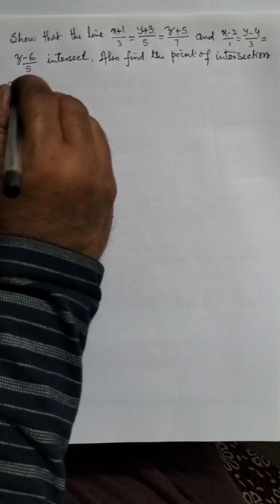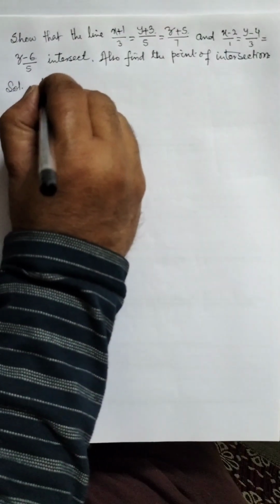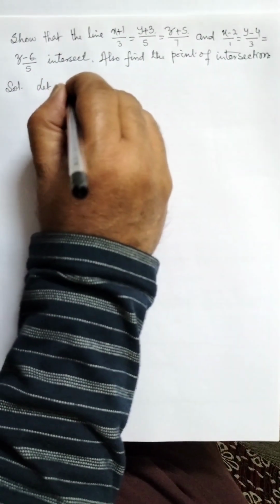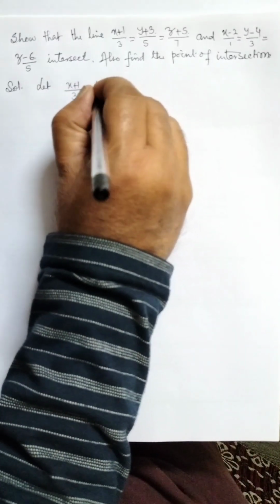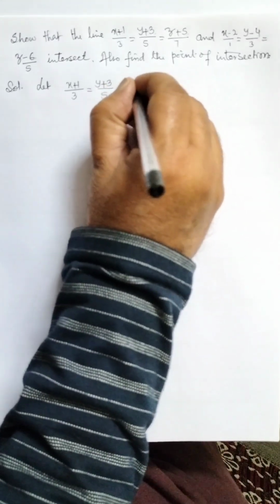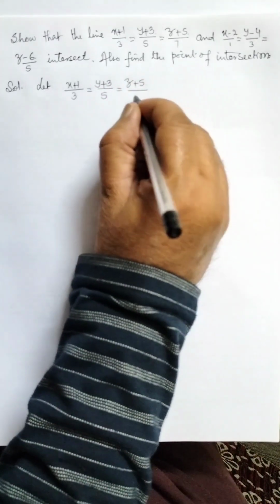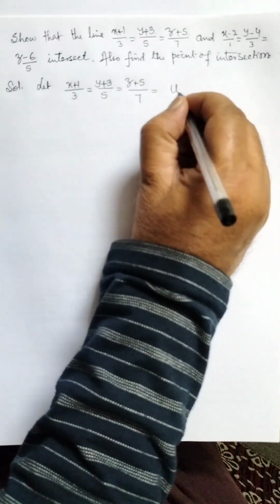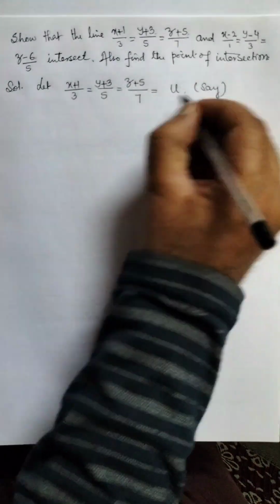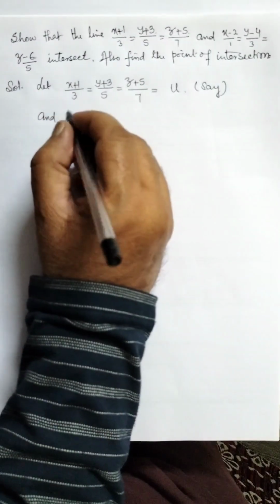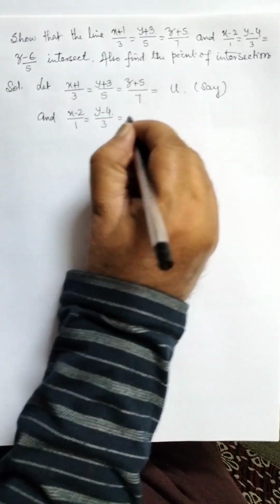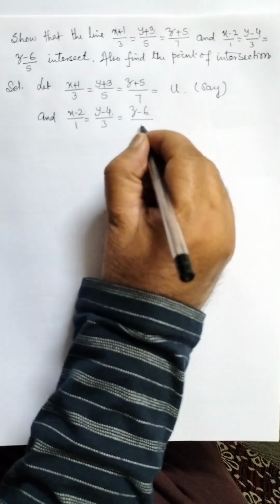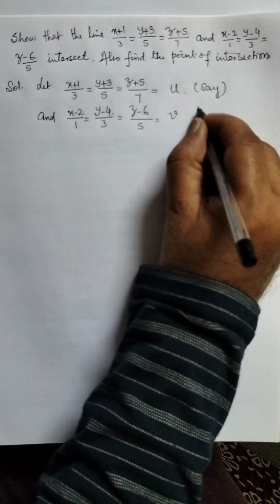Let's start the solution. Let (x + 1)/3 = (y + 3)/5 = (z + 5)/7 be equal to u, and for the second line (x - 2)/1 = (y - 4)/3 = (z - 6)/5 be equal to v.